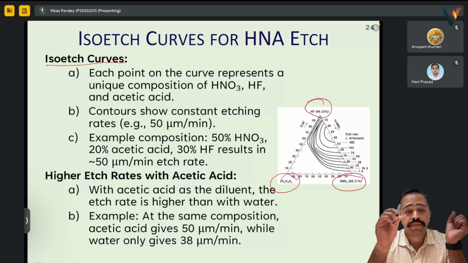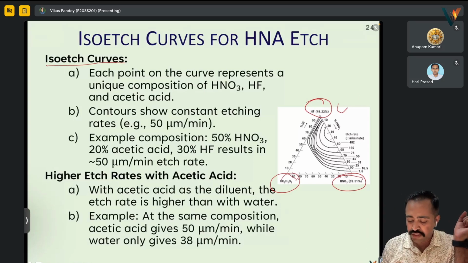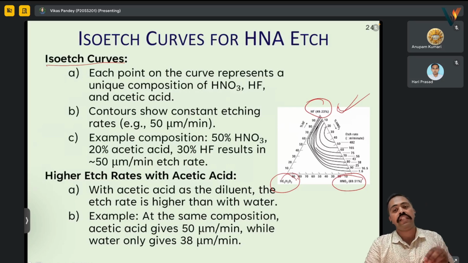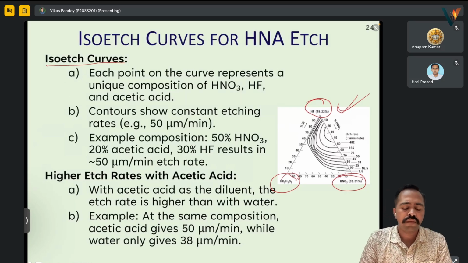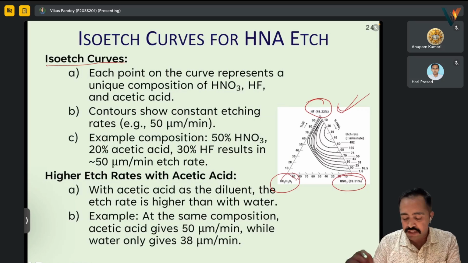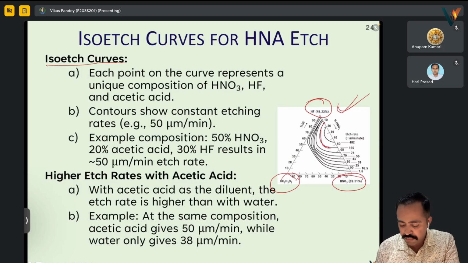So based on this iso etch curve, we can choose our desired rate of etching. For example, 50% HNO3, 20% acetic acid, and 30% HF results in 50 micrometer per minute of etch rate. And this is determined from these curves.